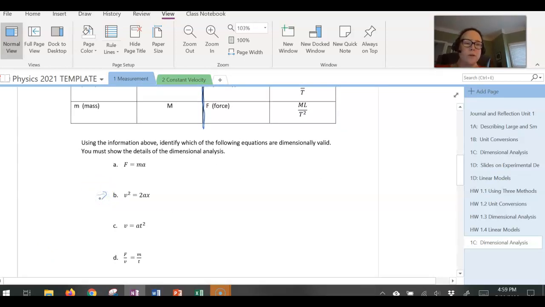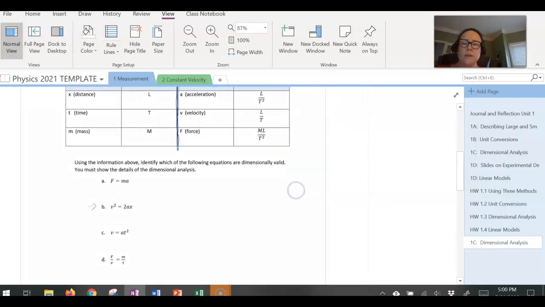Here we have an equation that says v squared equals 2 times a times x. I want to look in this table, and for each one of these variables, I'm going to substitute in the dimension of that variable. V, I see in the table, is velocity, and it has a dimension of L over t. So I've got L over t.